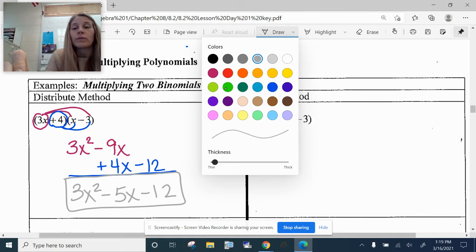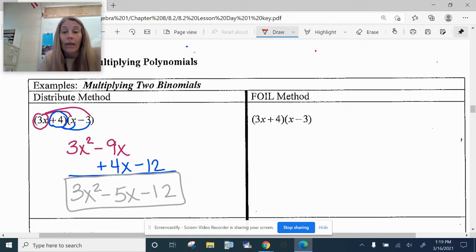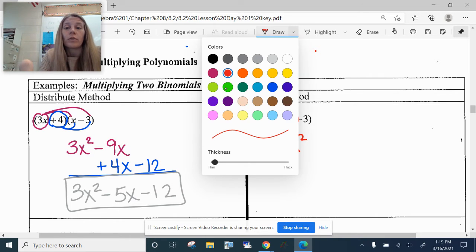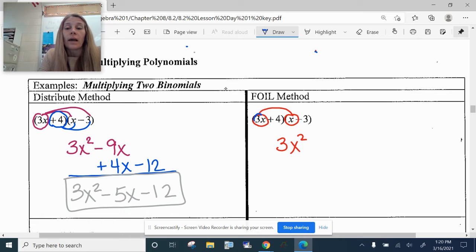Now, if I were to use the, quote, FOIL method, and I were to do the first, so 3x times x is 3x squared. Then I'm going to do the outside or outer, so 3x times the negative 3, that's negative 3x.